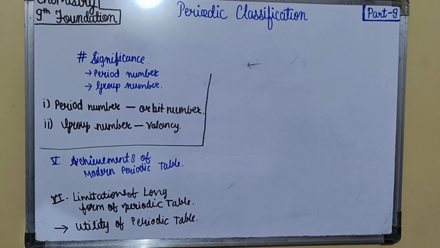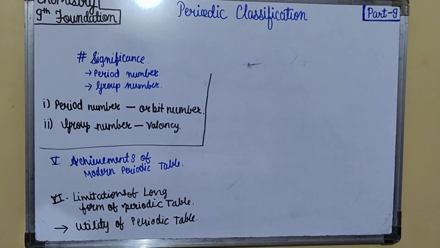Reactivity increases down a group, and the opposite is the case with non-metals. Another point is there are different areas for metals, non-metals and semi-metals. Then the acidic or basic characters of the oxides of elements can be figured out from the periodic table. Cations are usually formed by metals and anions by non-metals, which can be easily understood.